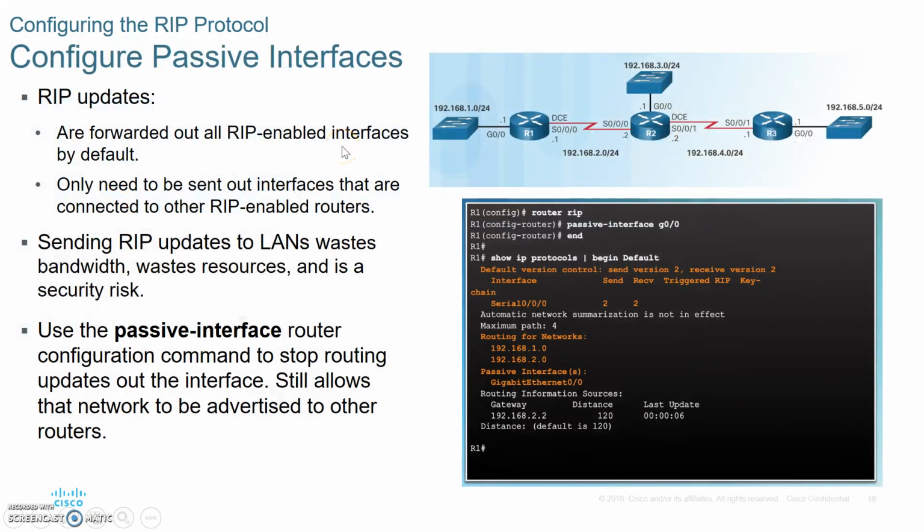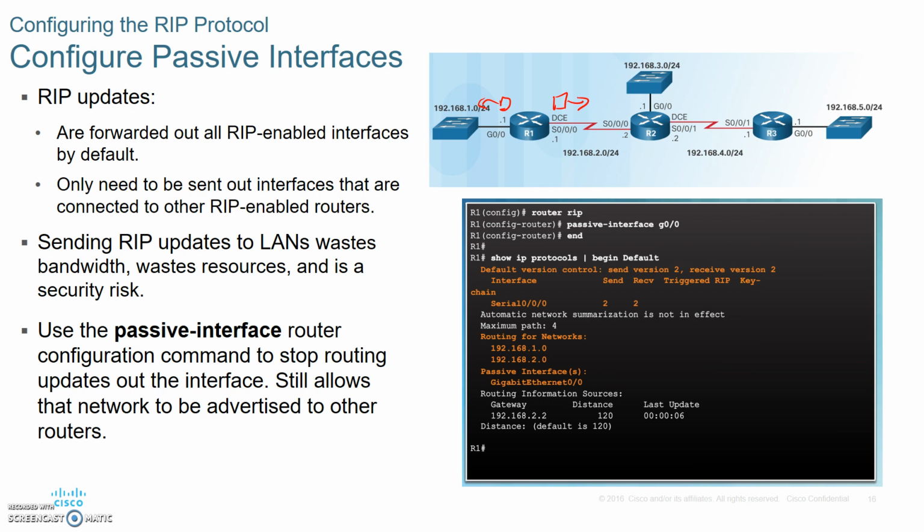By default, all the RIP enabled interfaces will send out the RIP update, updating the neighbor routers about your directly connected networks.